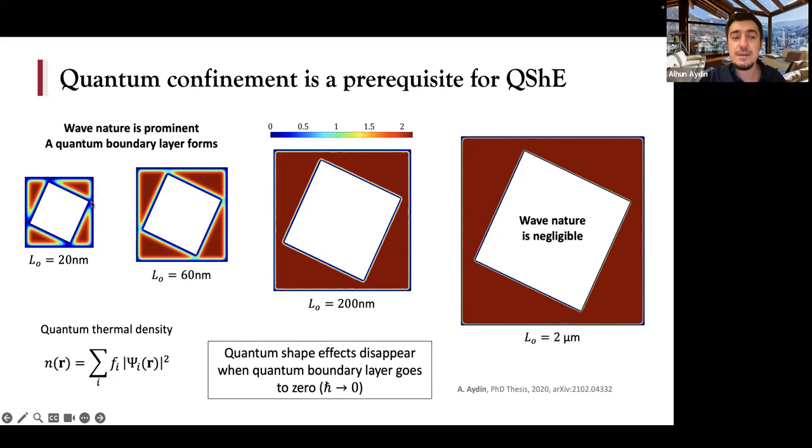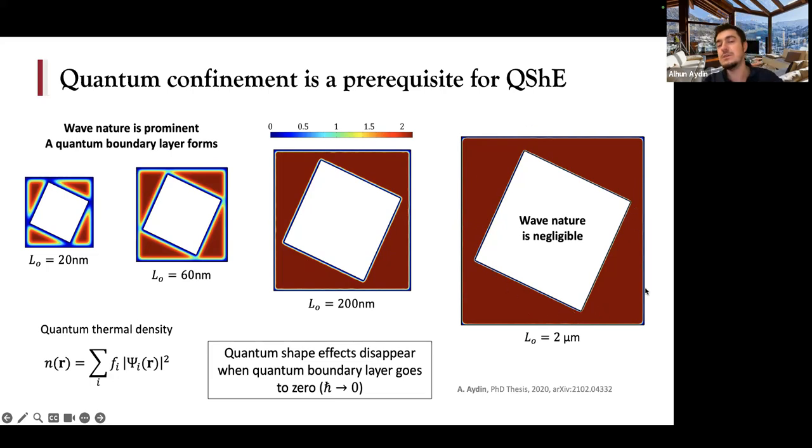So this is a quantum effect. If you remove the size square from here, you won't see this effect. Of course, it will be constant throughout the domain. And this effect disappears when you increase the size of your domain. Let's say you tripled, you see the boundary layer becomes smaller, as you see here. And if you enlarge your domain, it becomes more and more uniform, the density of the particles.